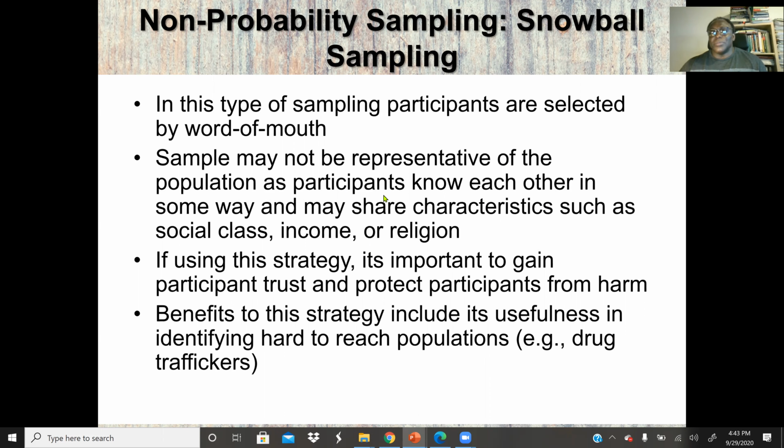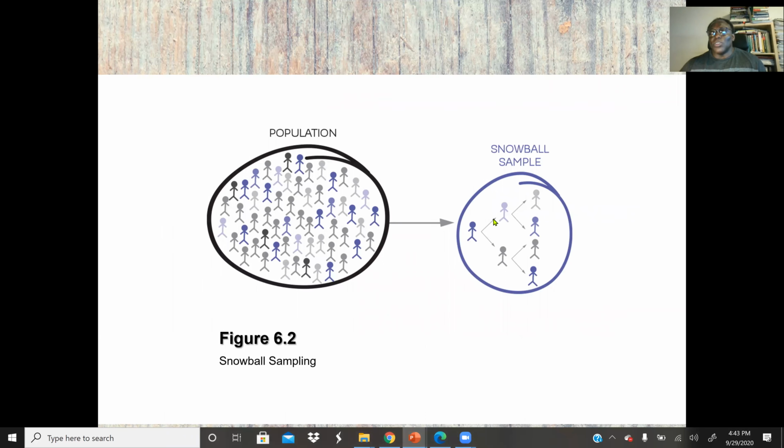But again, if you know them, then maybe it will be easier to reach them. So this is word of mouth. We have the population, and basically again, friends or relatives, co-workers. From the word of mouth of each other, we may again select our sample. And again, it's called a snowball sampling.